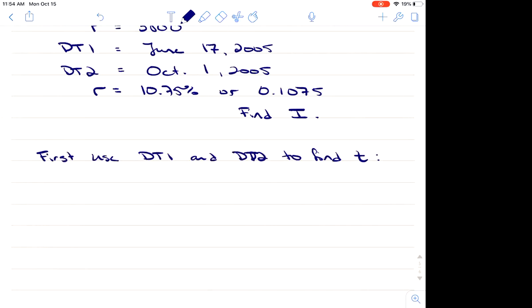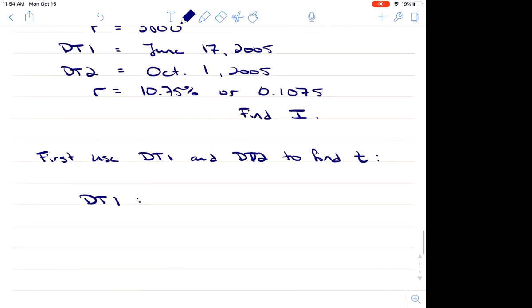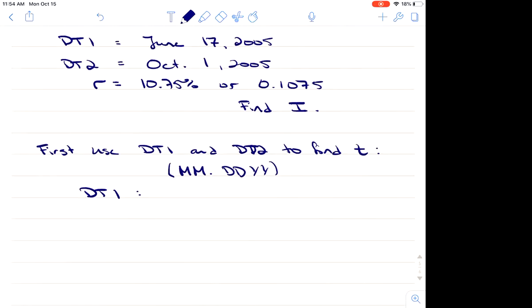And to show your work for your calculator, right, I want you to set it up just like this. So you're going to have date 1, in the format of month, dot, day, year, right, just as a reminder to yourself what format we need it in. So June is 06. 06.1705.